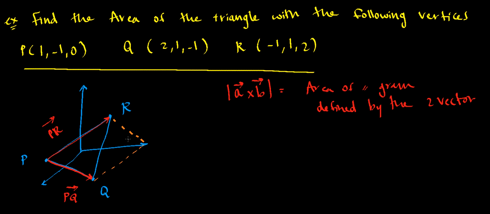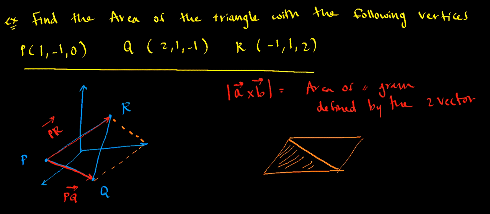And if we find the area of the parallelogram, well, the area of the triangle is just half this area, because if this is a parallelogram, the triangle is half the area. So we need to find these two vectors, compute the cross product, find the magnitude, and then divide by 2.